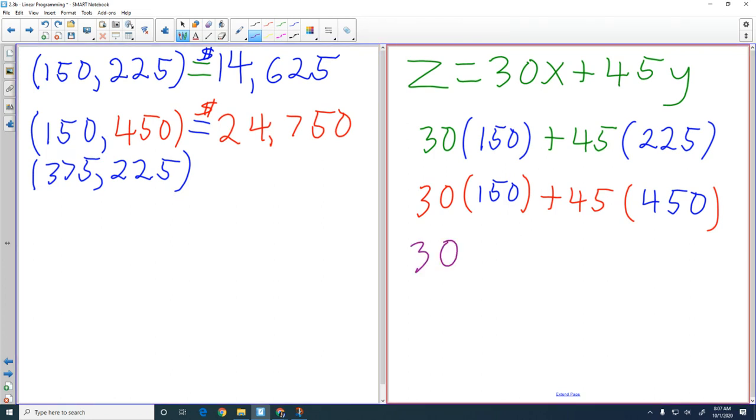30 times, in this case, my x coordinate is 375 plus 45 times 225.